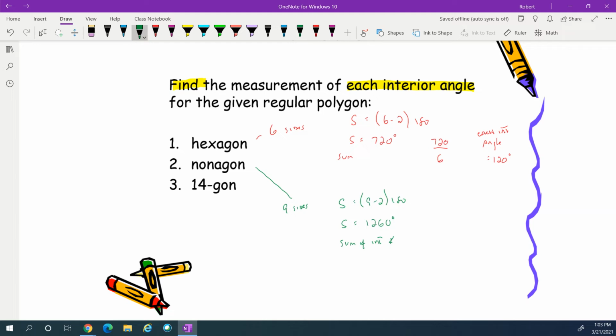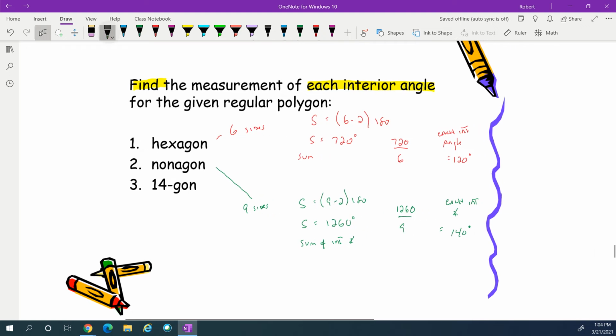We want 1, so 1,260 divided by 9. Each interior angle is 140 degrees. So what did we do here? We found the sum and then divided by how many there are.